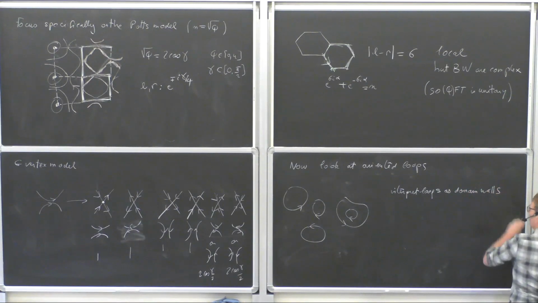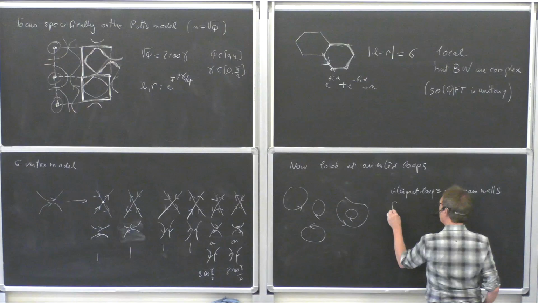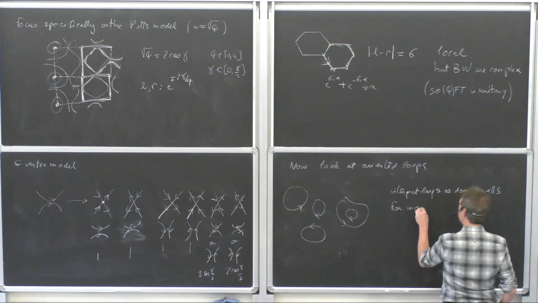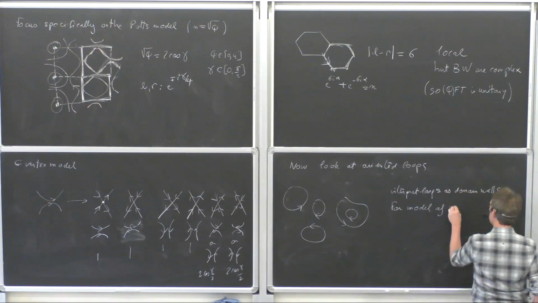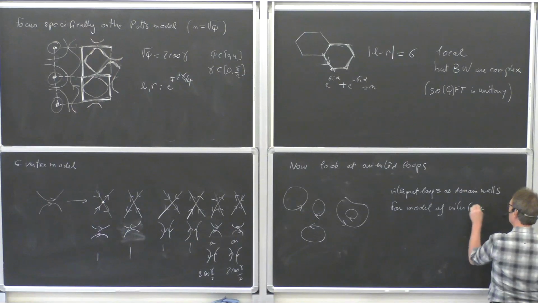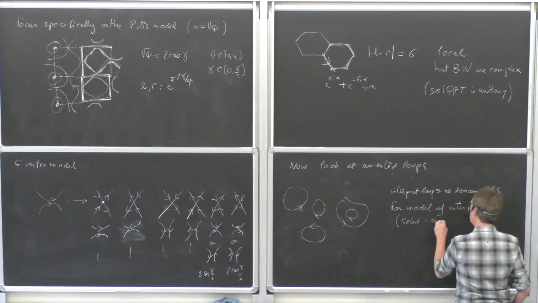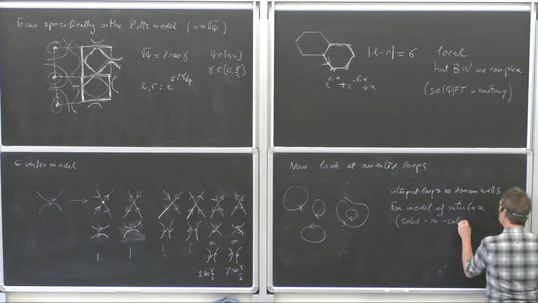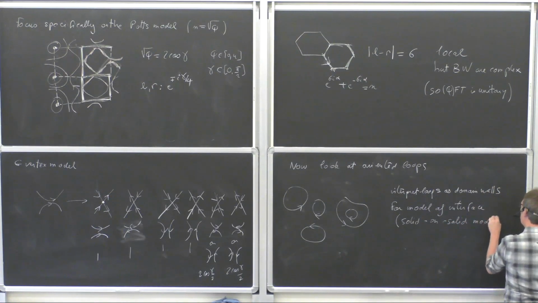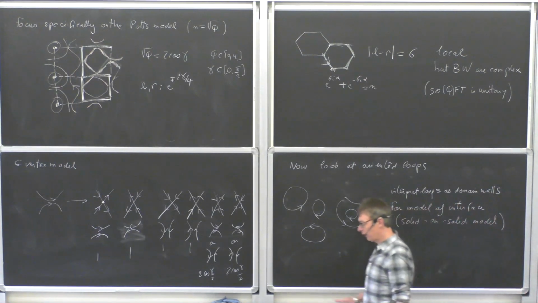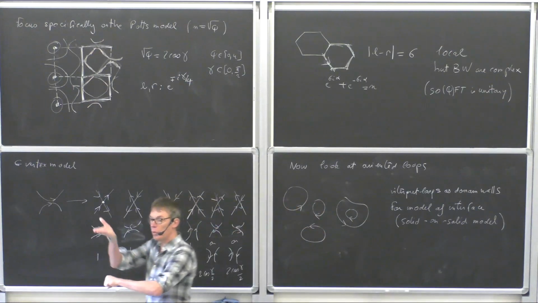Domain walls for what? Domain walls for a model of interface. It's called sometimes a solid on solid model, because we're thinking of an interface that is characterized by only one quantity.